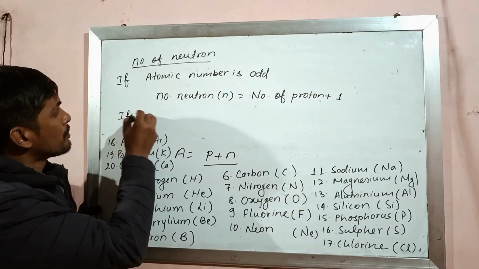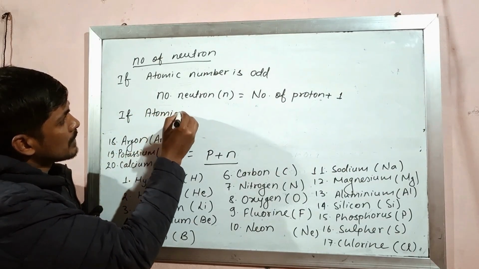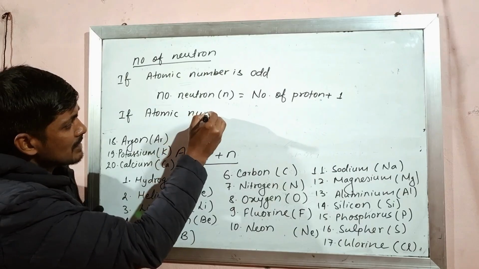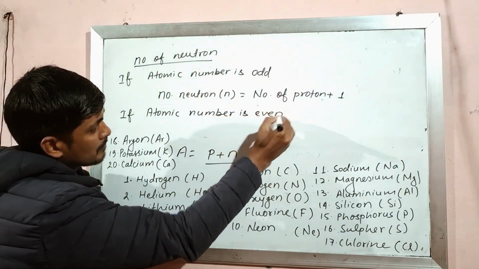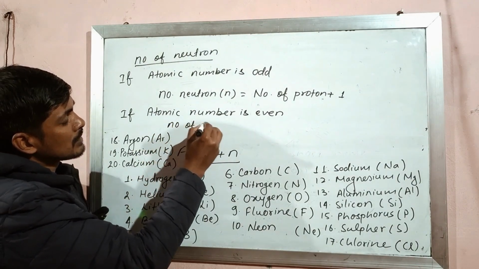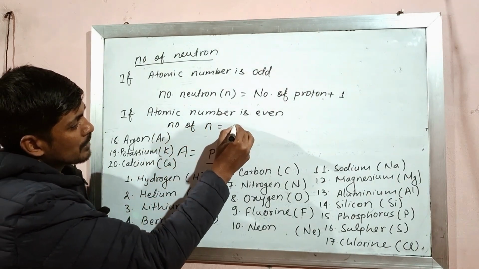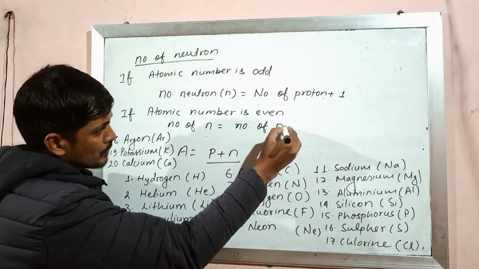If the atomic number is even, then number of neutron is equal to number of proton.